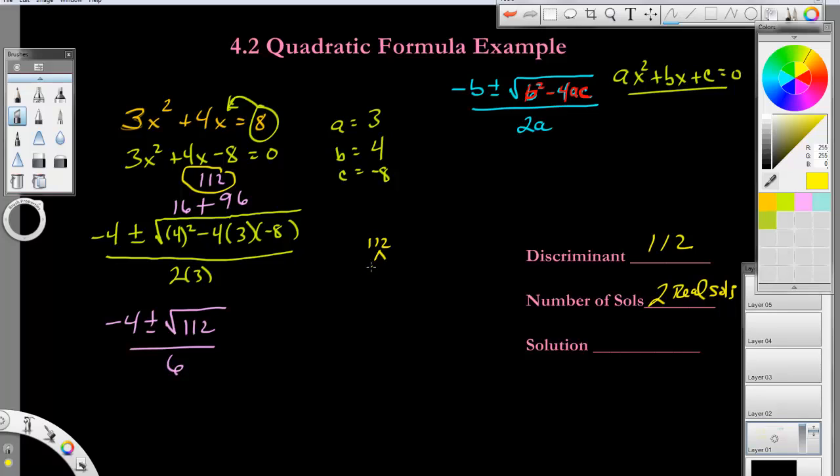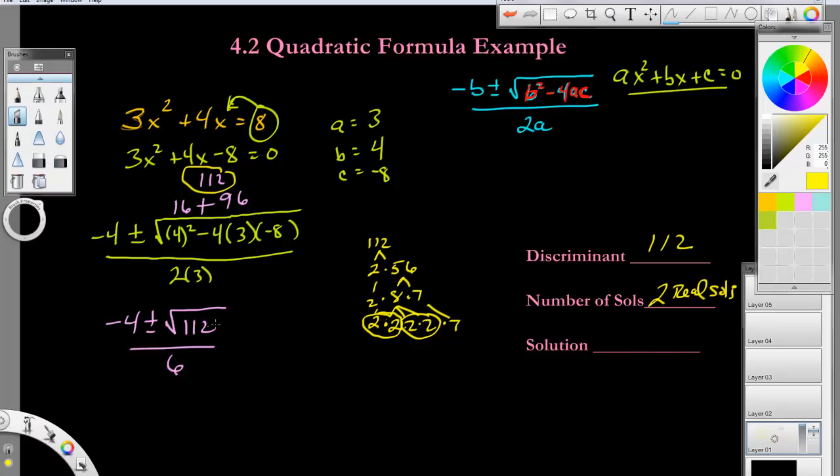112 breaks down into 2 times 56. And then I'll just keep breaking this down. That's going to be 8 times 7. So it's 2 times 8 times 7. So we got this 2, and then an 8 will break down into 3 2s. So I got a total of 4 2s here, and a 7. So a pair of 2s and another pair of 2s makes 2 real 2s out in front of this radical symbol.